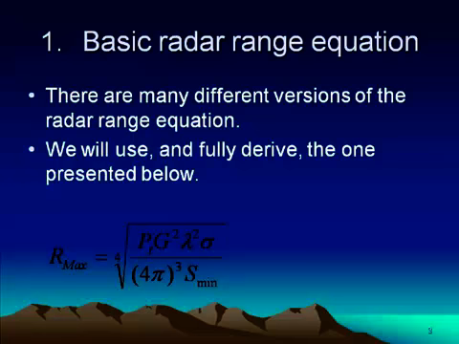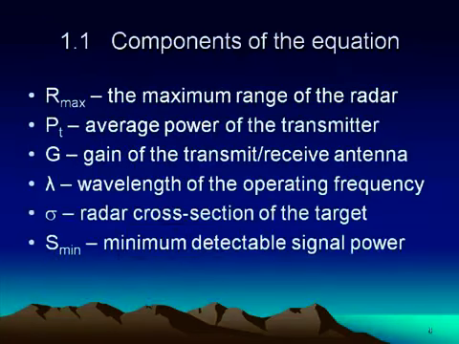So R is represented in meters or kilometers in a normal case, but in military and maritime applications it will be mentioned in terms of nautical miles. The PT is the average power of the transmitter, normally in watts or kilowatts.